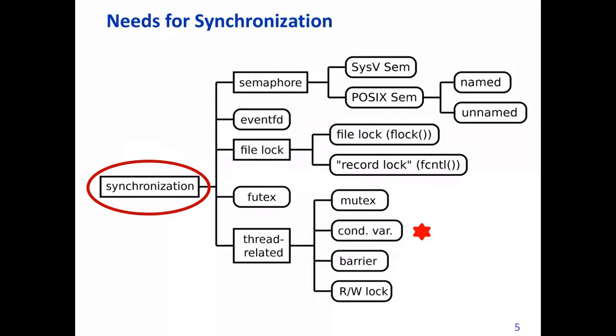We have completed discussion on simple lock, which is mutex, and then we are looking at condition variables today. File locks you can read if you want. And at the end we will study semaphores. The next class will finish this discussion on synchronization.